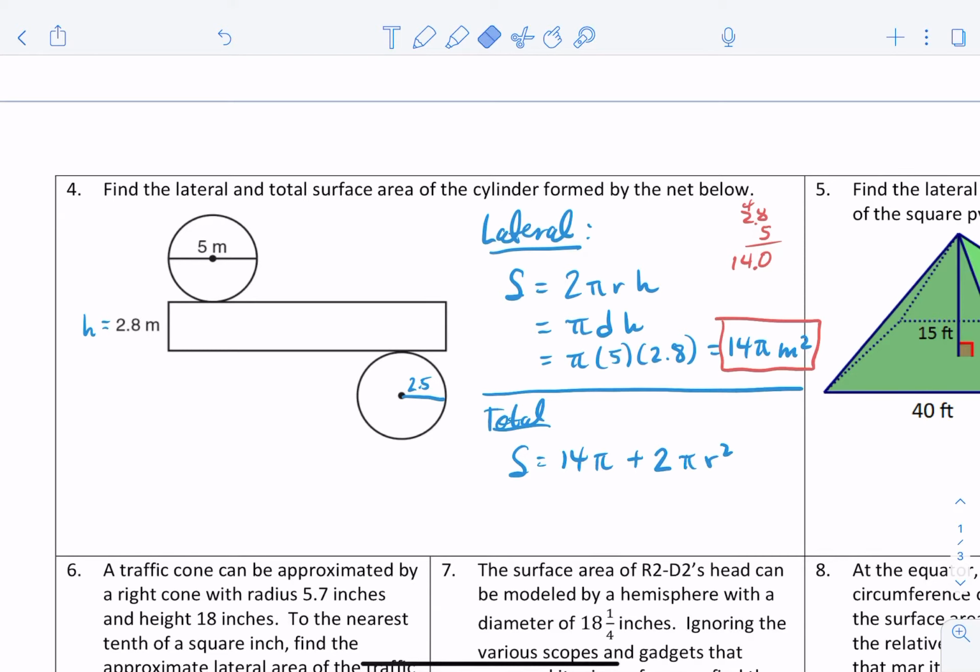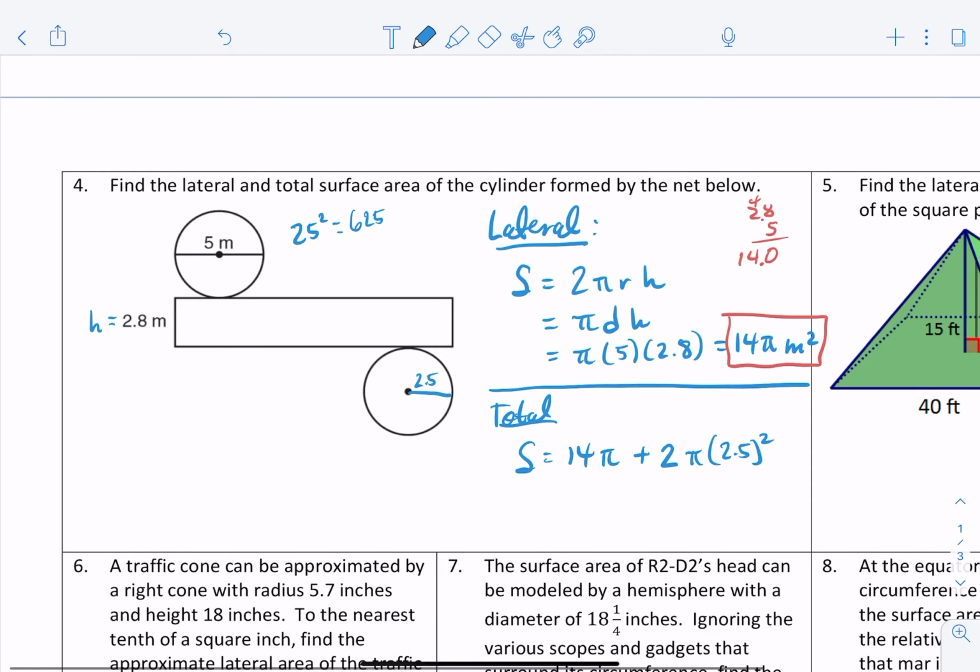So if I take out my r and put in a 2.5, which I will square, what's 2.5 times 2.5? Here's another question. What's 25 times 25? So 25 squared, if you didn't know, is 625. And if I carry over the decimal, that's going to be 2 places, because it'd be 2.5 times 2.5.